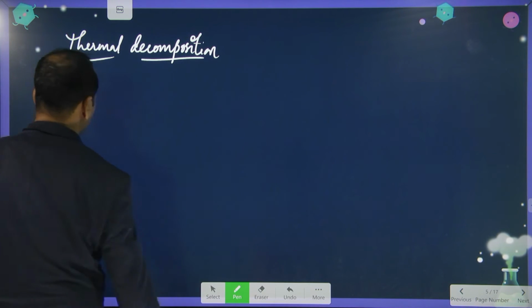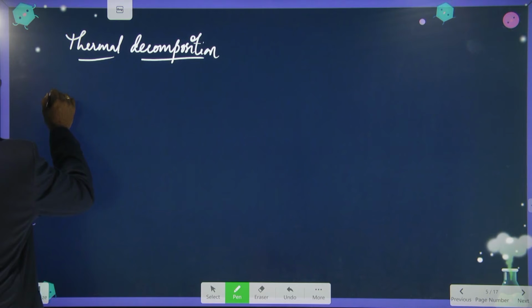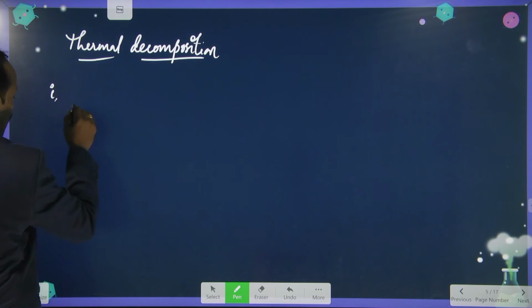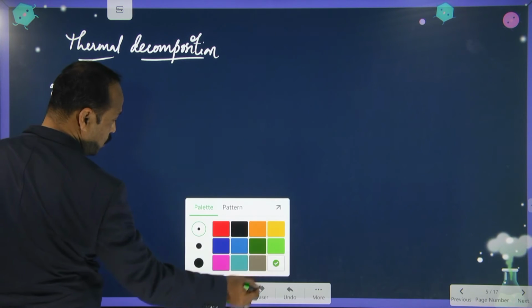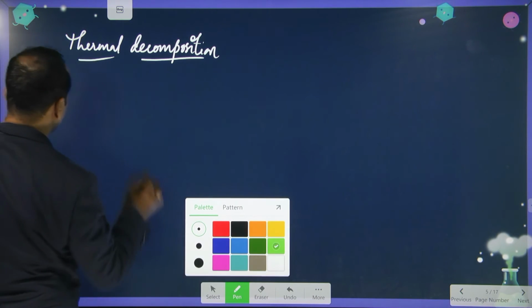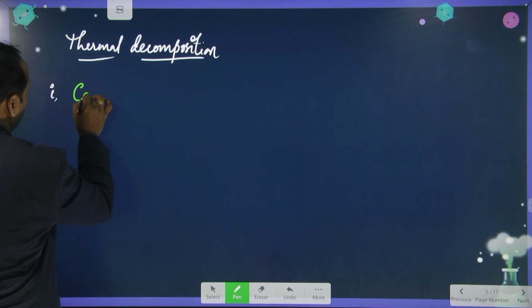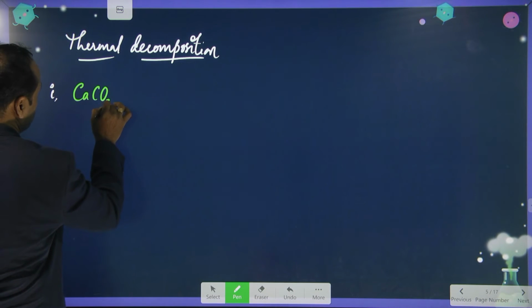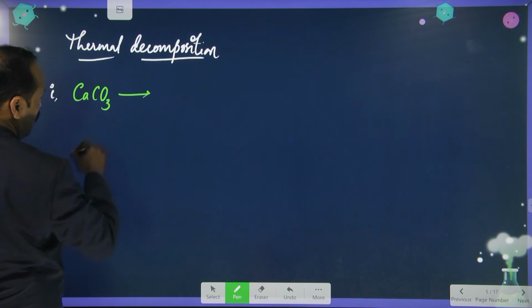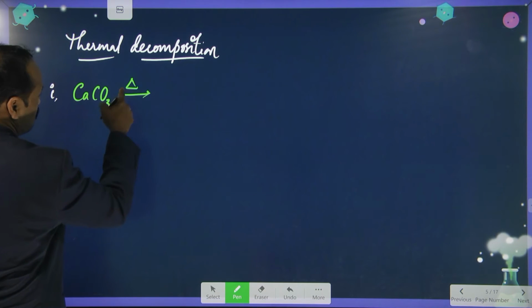For thermal decomposition, we can give many examples. The first one is calcium carbonate. Its formula is CaCO3. If we heat it, this symbol is for heating.